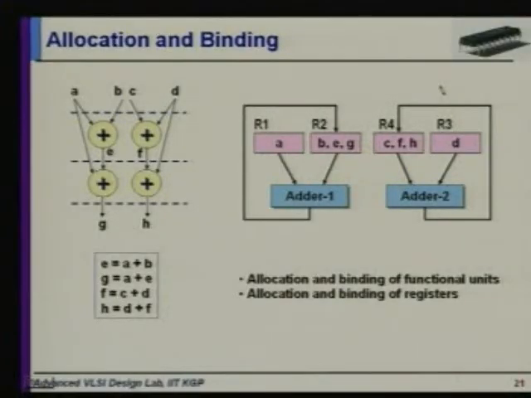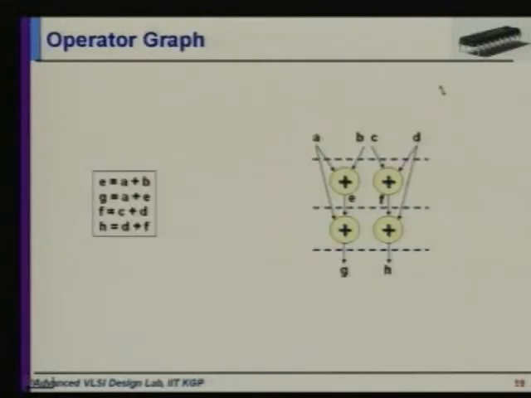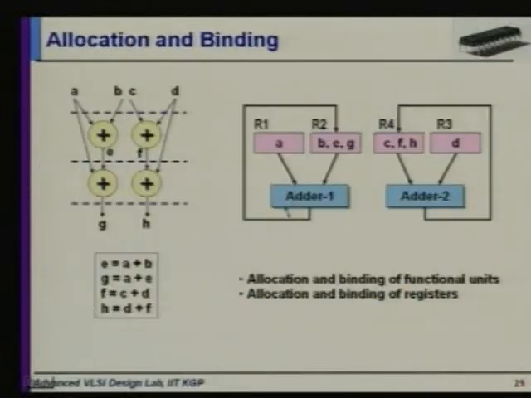Allocate this many multipliers, this many adders, and the thing that we did not discuss there is how many registers we need, because if I want to do these two with the same adder, then I need to store E somewhere, right? So I will need registers for that. How many registers am I going to need?